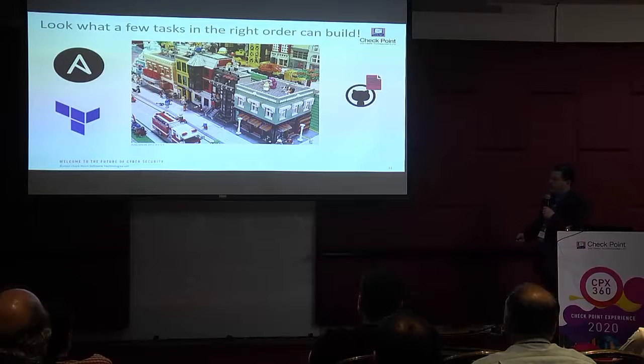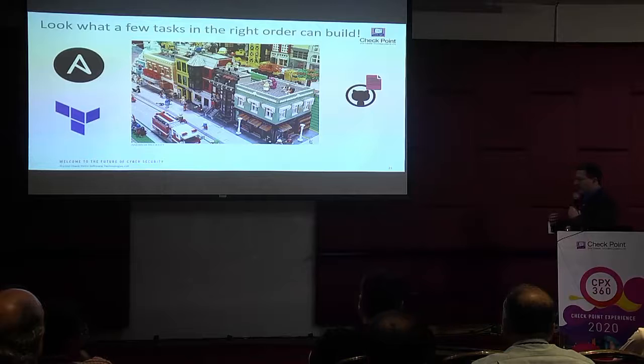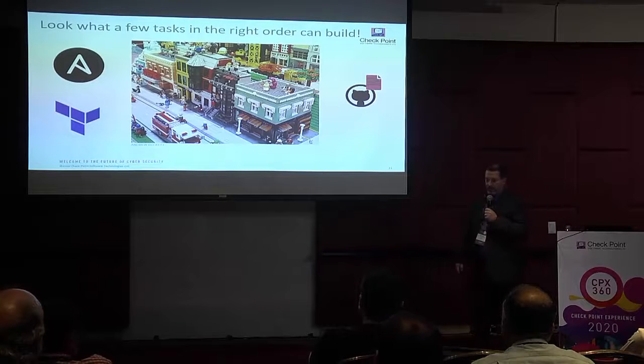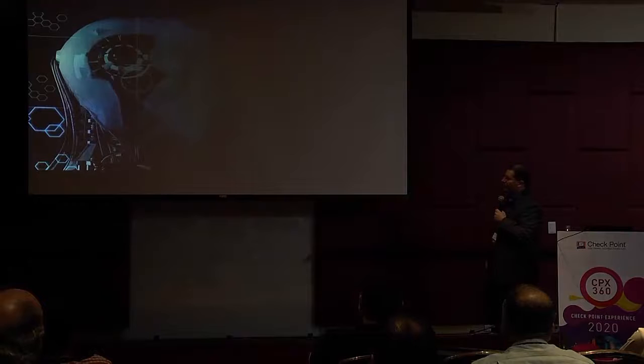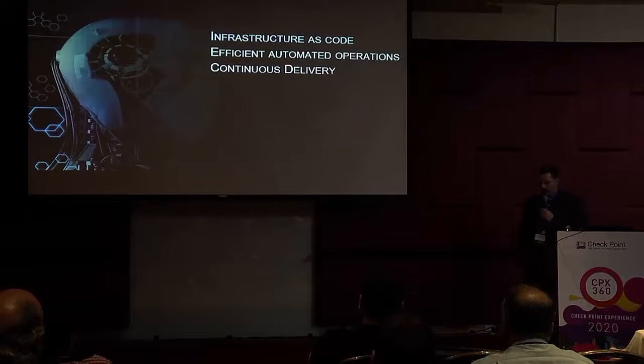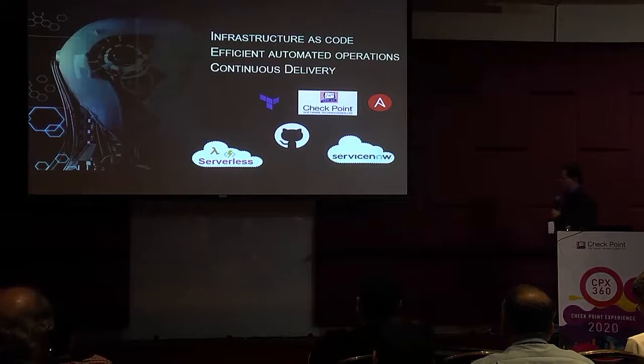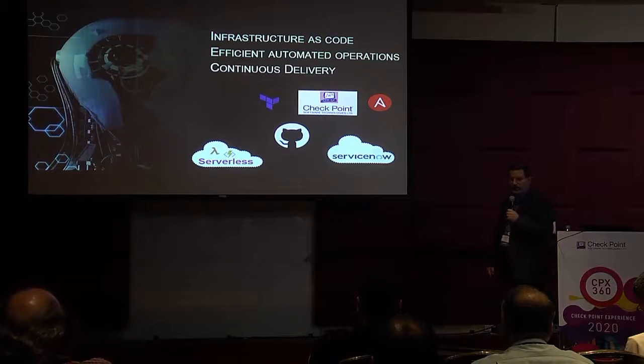But using orchestrators to take each one of those tasks and put something bigger together, and use things like GitHub to do the infrastructure as code side of it. So again, the three things we covered: infrastructure as code, efficient operations, continuous delivery. And again, using things like Lambda, tying to ServiceNow, GitHub, and using our orchestrators to do that.